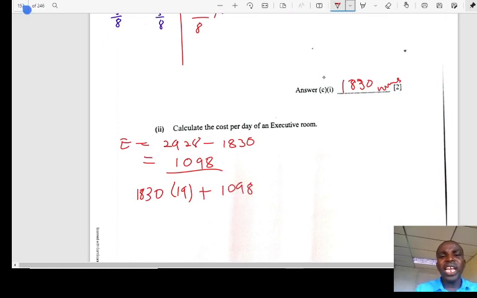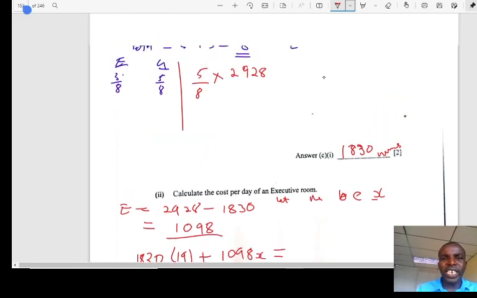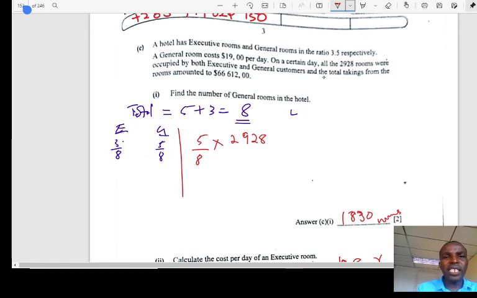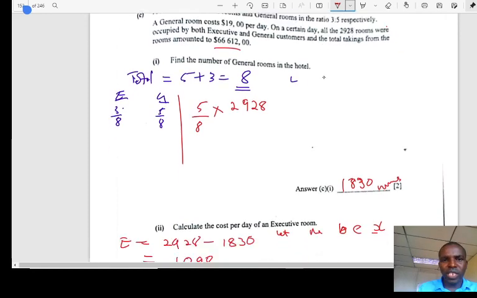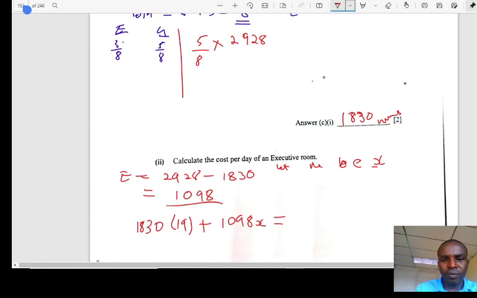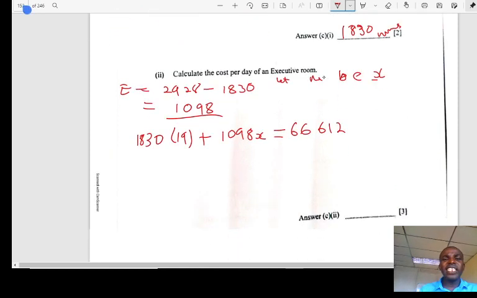Then we can say let the cost of executive rooms be x. So you put x here, times the price per each room is equal to total takings altogether, $66612. Then that's a simple equation.